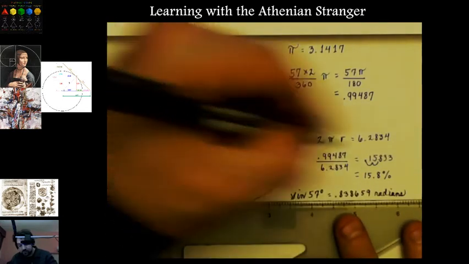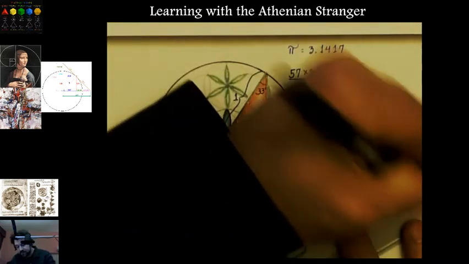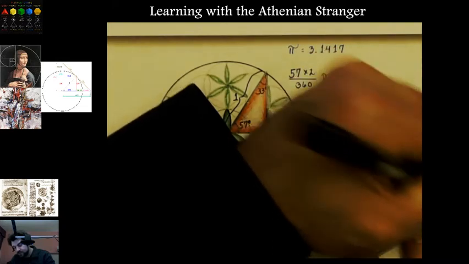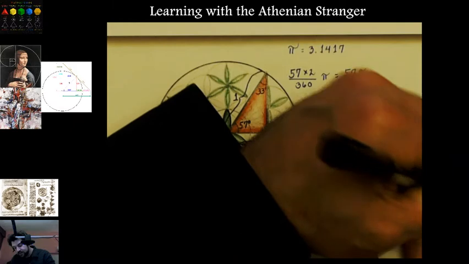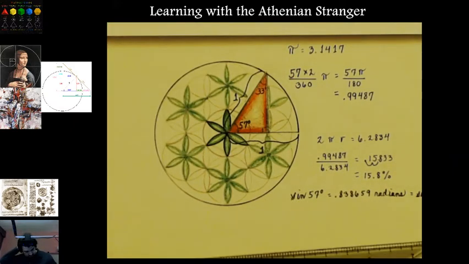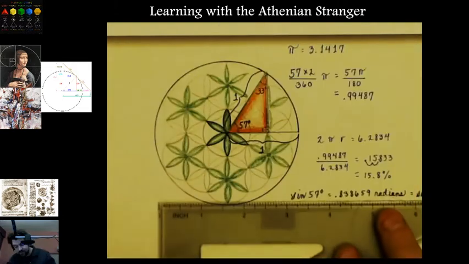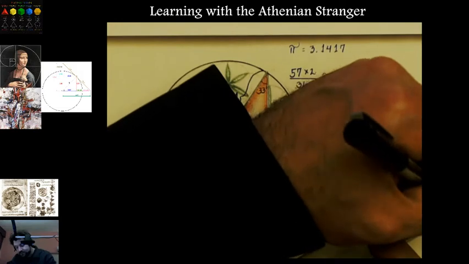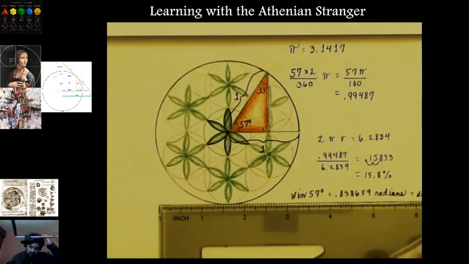Okay, and we'll just write that, just so we remind ourselves, that also equals the sine of 33 degrees. I apologize, mistake. The sine of 57 degrees. I need to correct that.